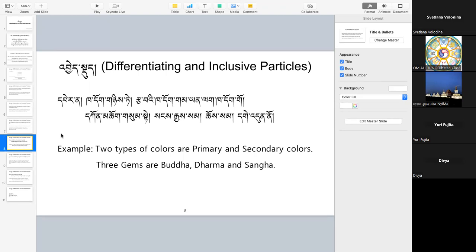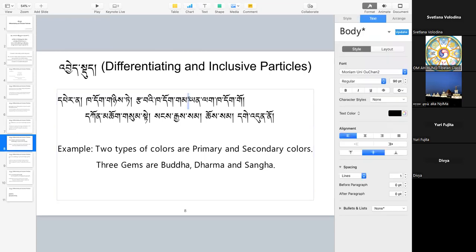So we see here the usage of the particle. What it does is that it differentiates the main class, which is the color, into two minor classes, which are the primary and secondary color.